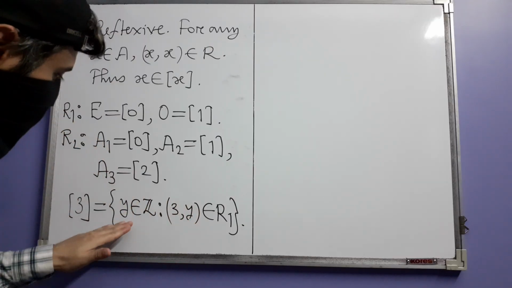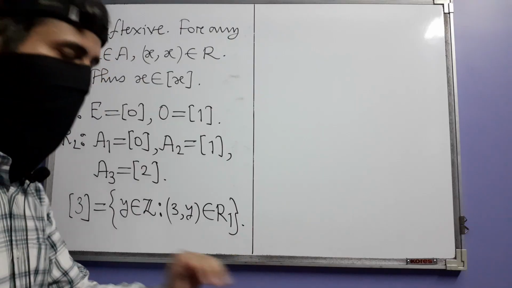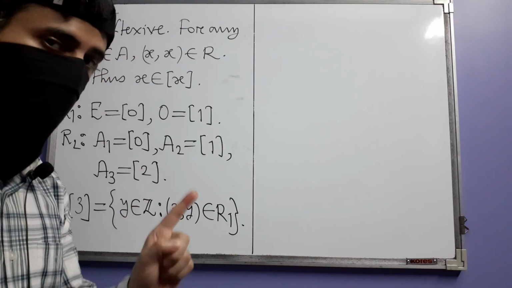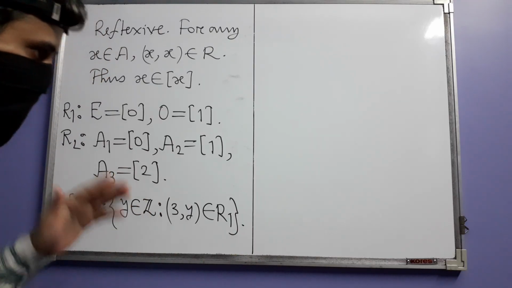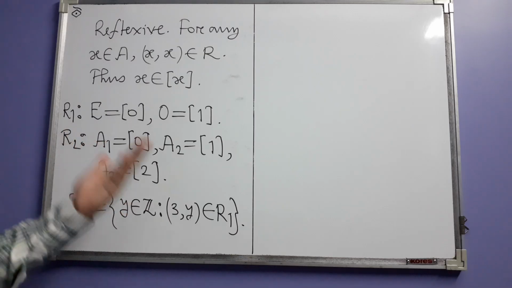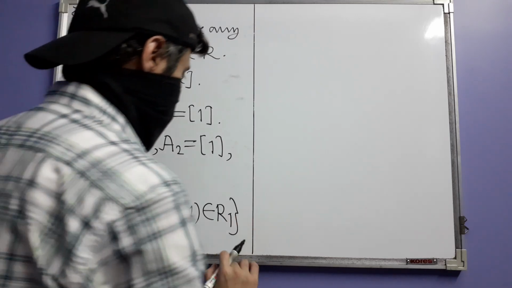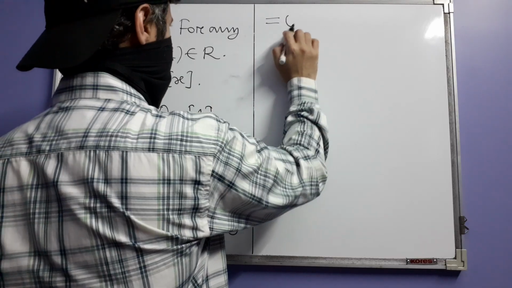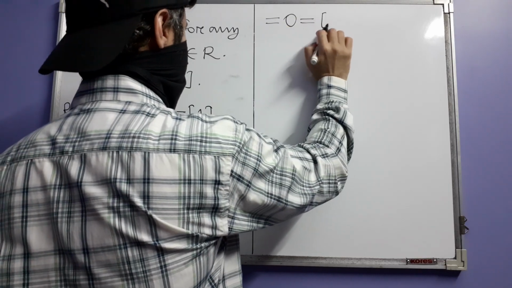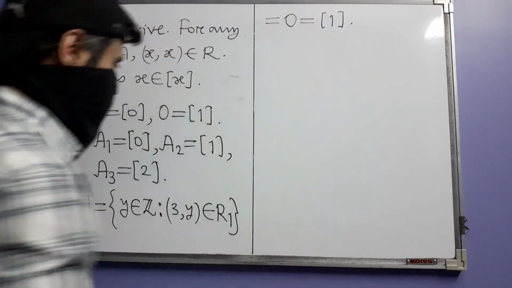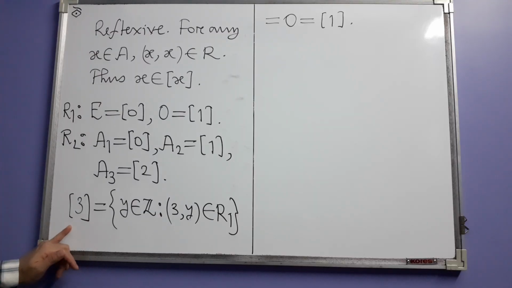So every odd integer belongs to this set, and no even integer belongs to this set. What does that mean? Because we have only even and odd integers, this is precisely the set of odd integers. And that already is A2. So you don't get anything new, you are actually getting this equivalence class.